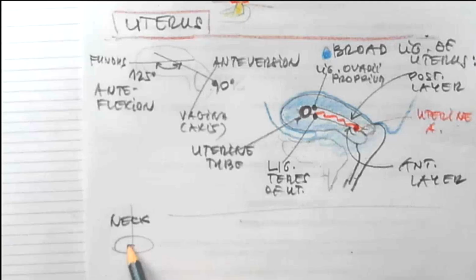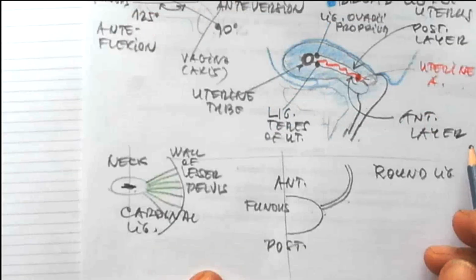And then we are looking at the ventrally passing ligamentum teres uteri, the round ligament. I use both terms. This is the ligamentum teres uteri, which runs anteriorly and again passes through the inguinal canal.